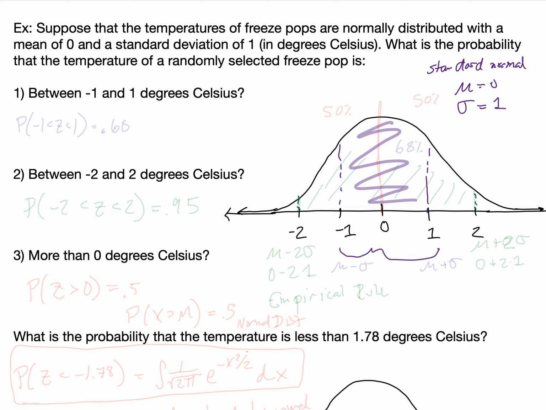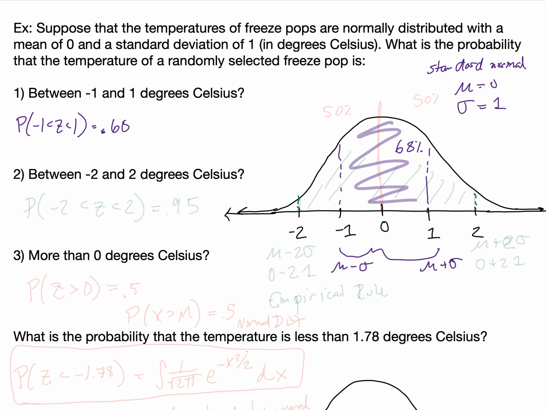So this is the mean plus 1 standard deviation and the mean minus 1 standard deviation. And by the empirical rule, we know that 68% of the data falls within 1 standard deviation of the mean. So it's a 0.68 probability that our data value is between -1 and 1.